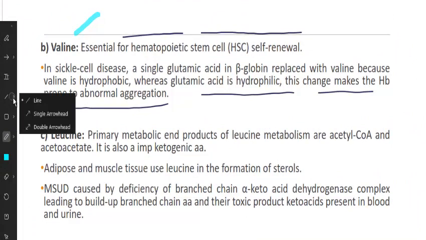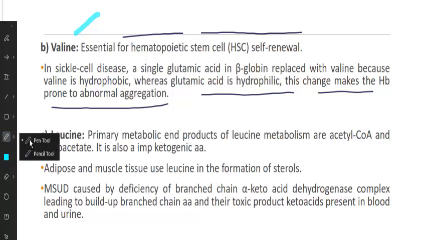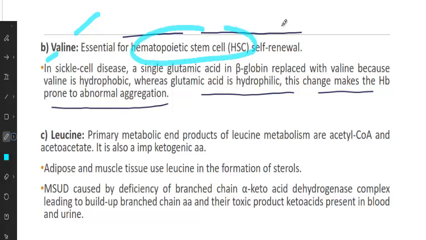So valine, you can see, has a role in hematopoietic stem cell self-renewal. This is very important because nowadays hematopoietic stem cell is a current hot topic. Obviously CSIR is targeting questions related to this metabolism discussion. For example, what is sickle cell disease?